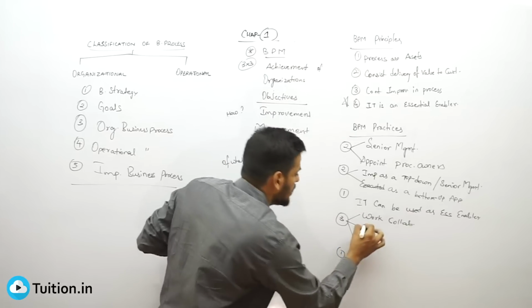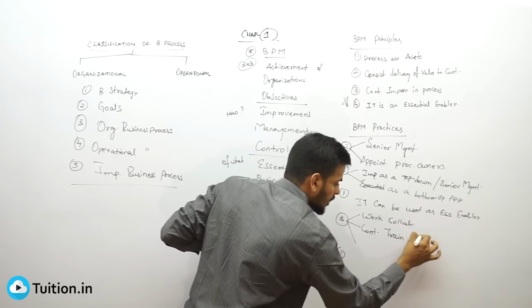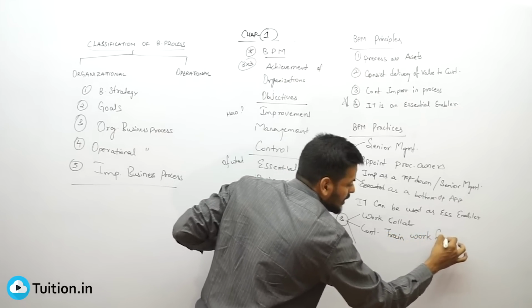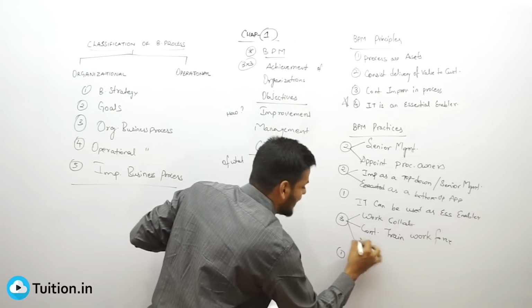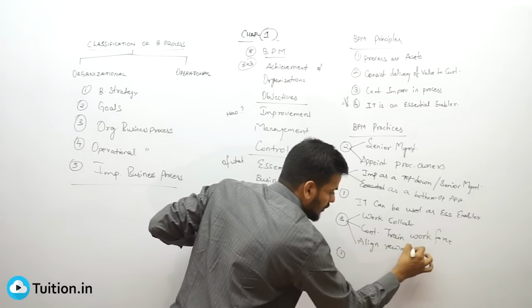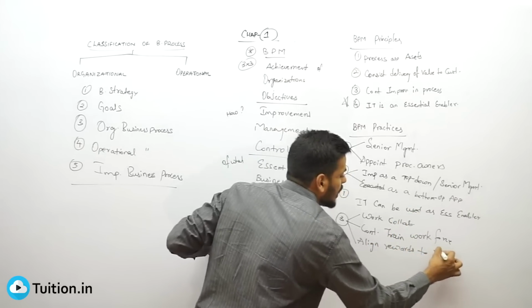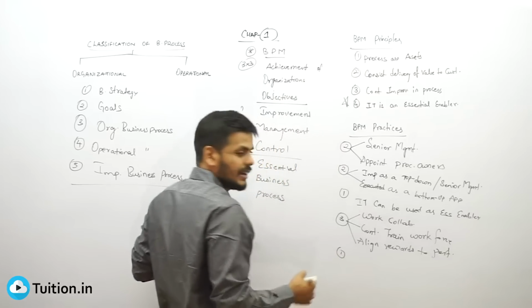Then continuously train your workforce. All the 3 points related to the employees, guys. Then align rewards. You want to give rewards to the employees to make them work much better in the process. Align rewards to performance of employees, right?